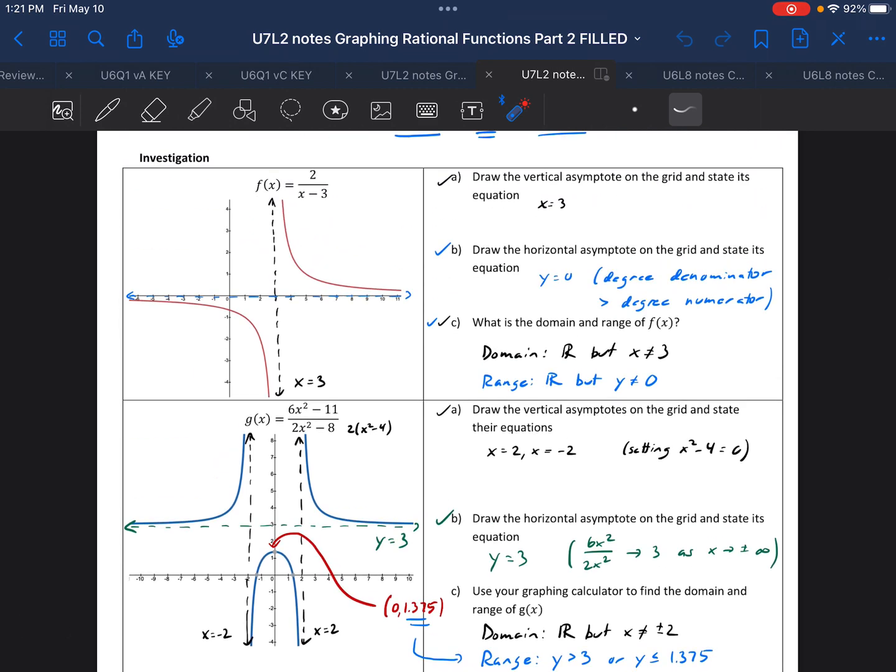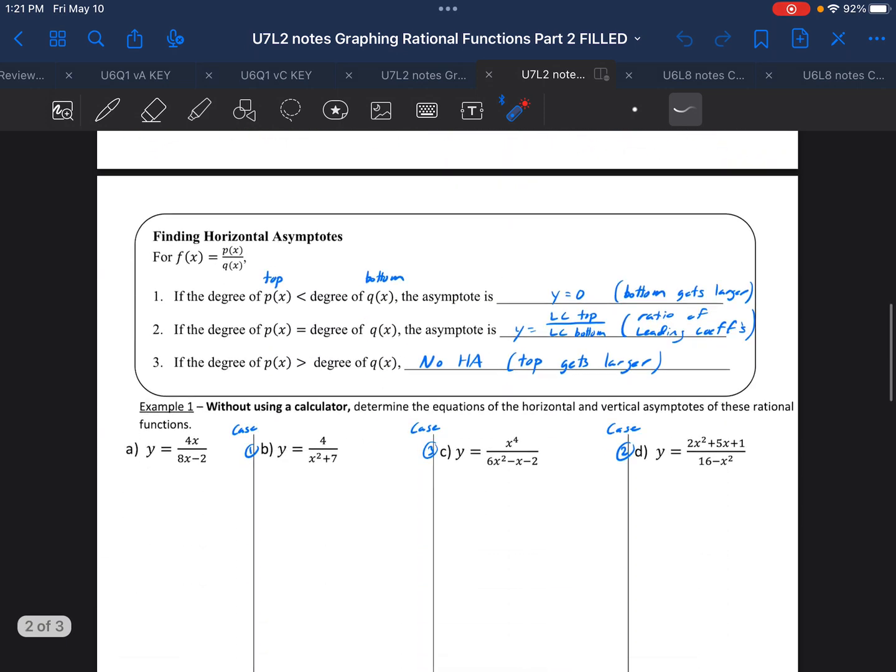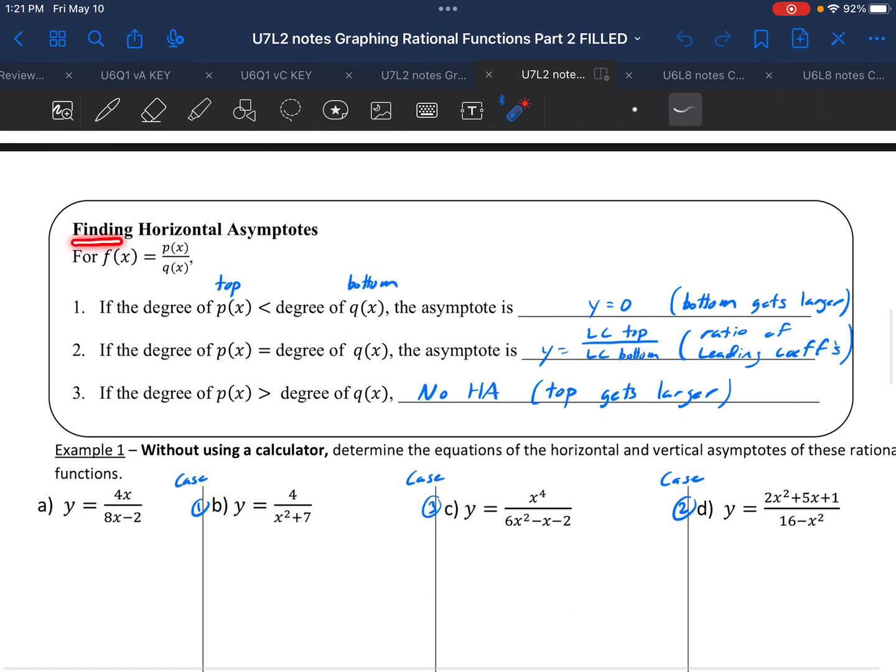The next thing. Now I'm going to go down here into page 2. This is the general rule for finding horizontal asymptotes. And remember, guys, these are not always asymptotes. I'm going to call them soft asymptotes. What they really are is an end behavior.